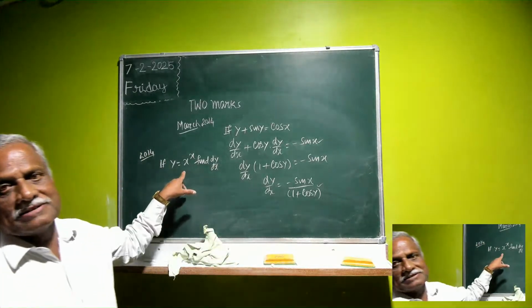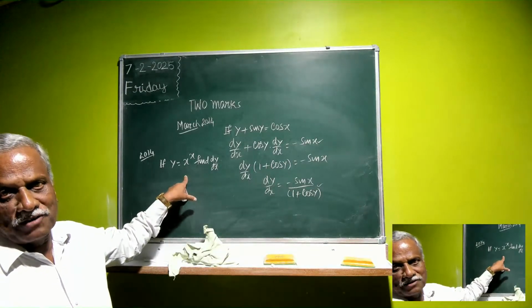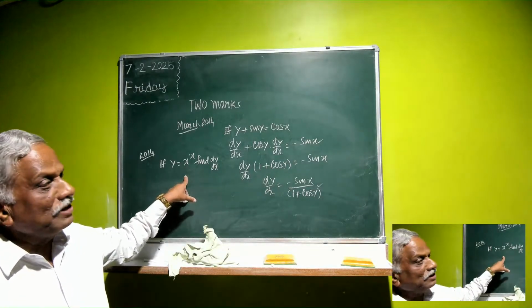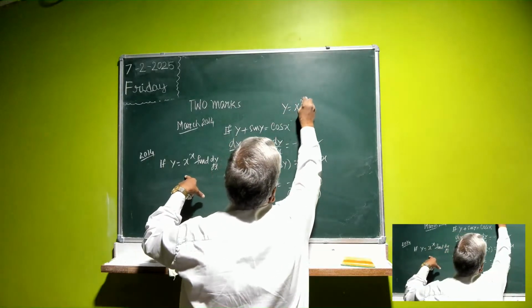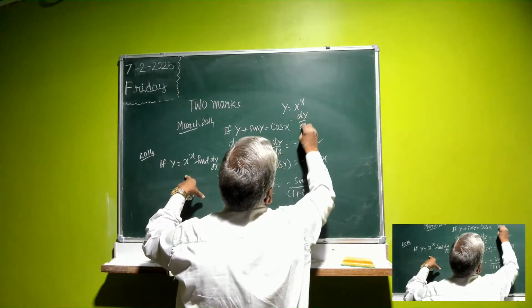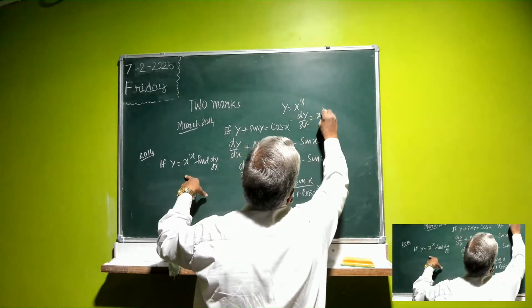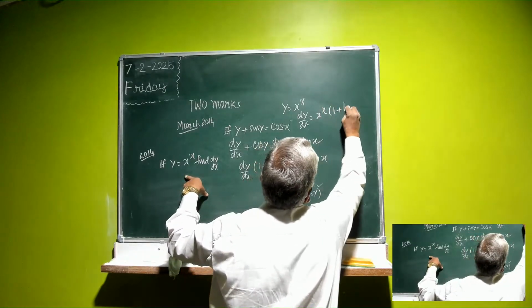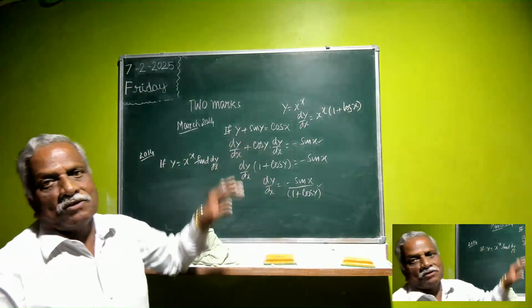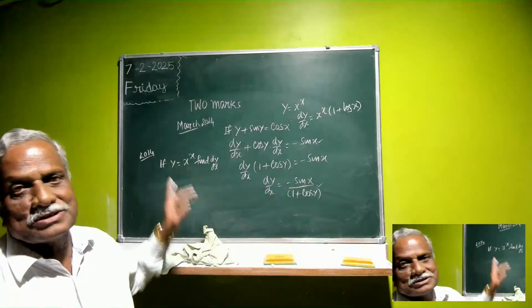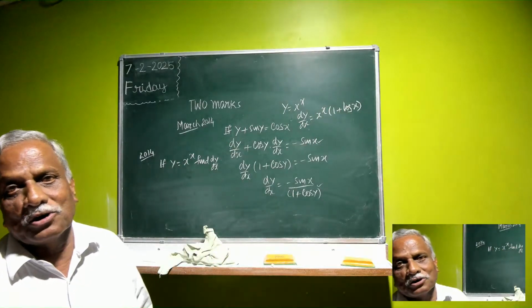Here, the moment you see it, it's a logarithm function. In fact, we know the answer. I have asked you to remember also. If y is equal to x to the power of x, dy by dx is equal to x to the power of x into 1 plus log x. If that asked for 1 mark, we could have written directly, but because this carries 2 marks, some working you have got to show.